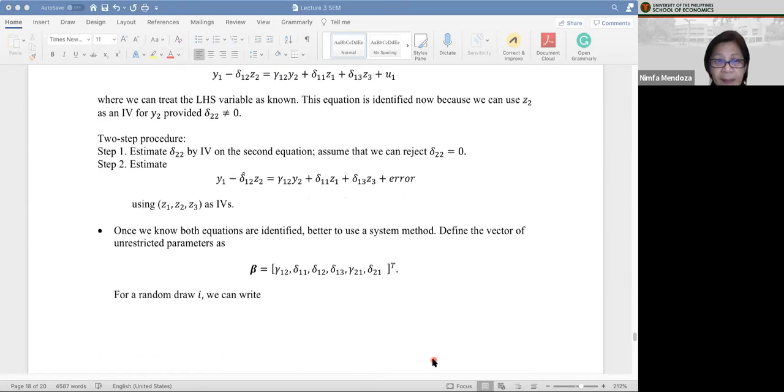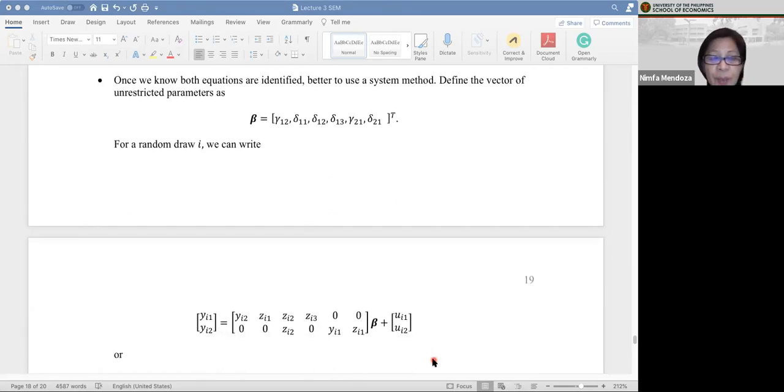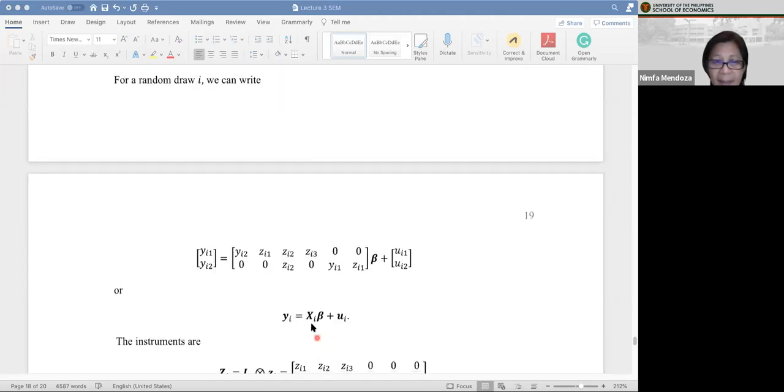For a random draw i, we can then rewrite the equation in this form. You can check it out given this beta. Note that this beta is a 6 by 1 column vector. So here x would be the 2 by 6 matrix of coefficients, x sub i.